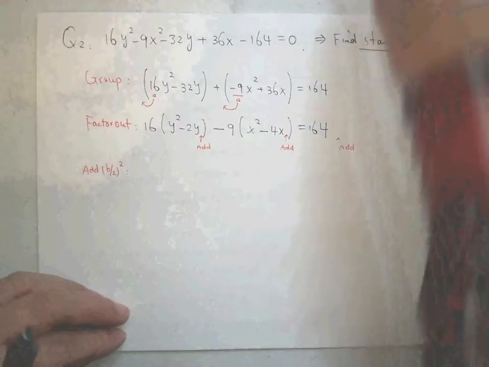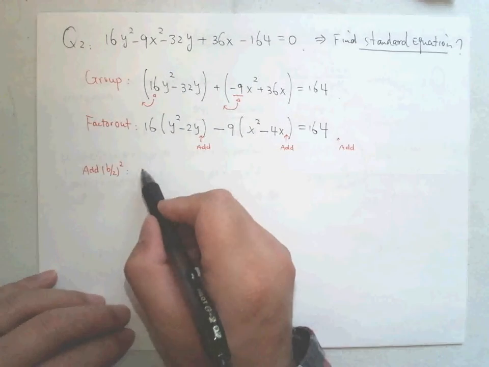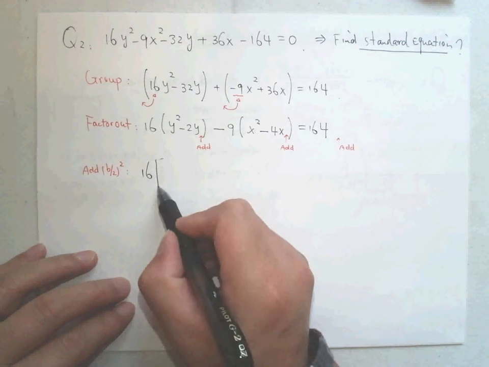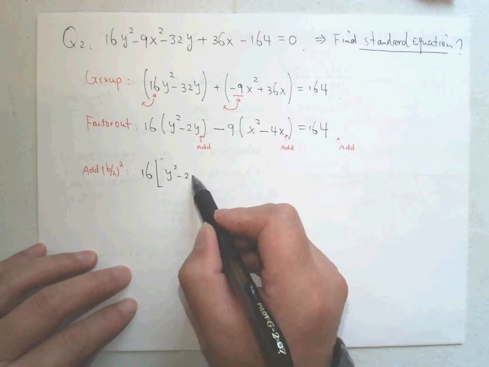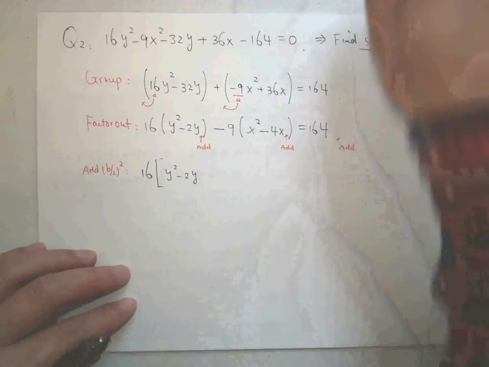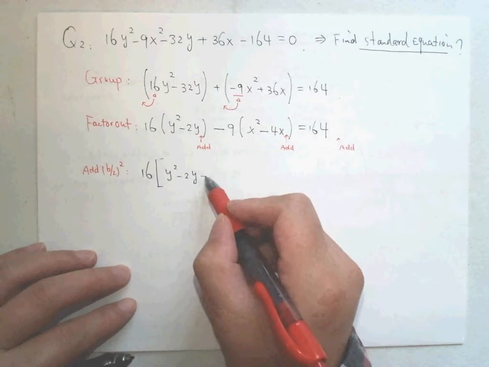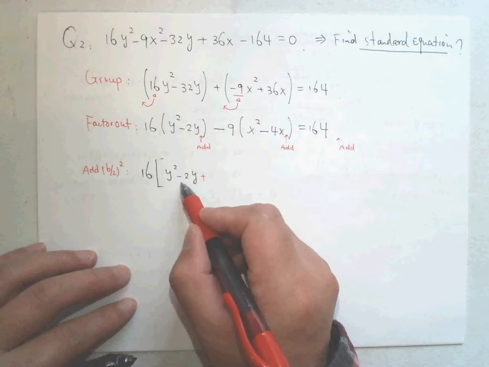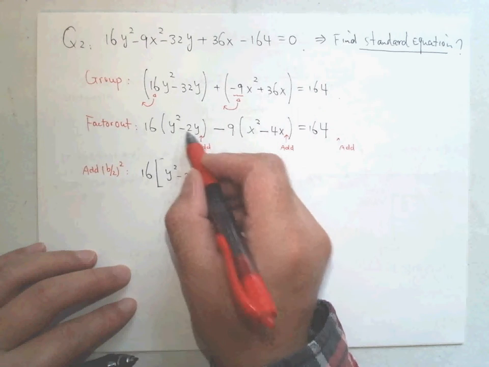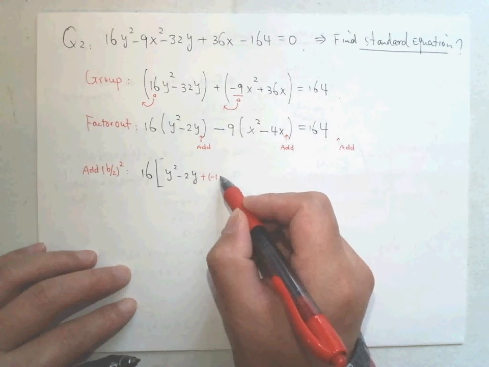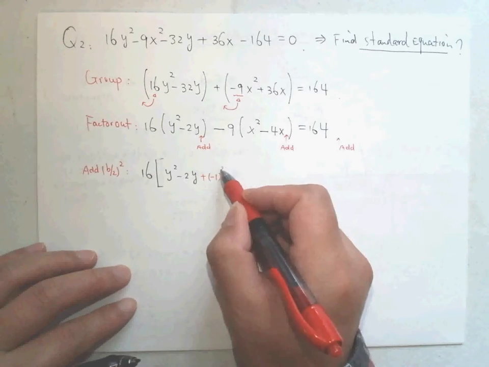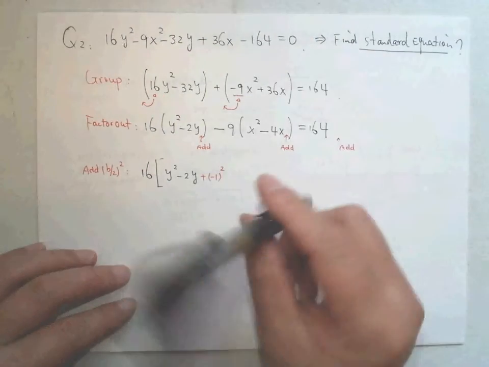This is the second term. I have to put this big parenthesis, y squared minus 2y, and add half of b. In this case, negative 2 is b, so negative half of negative 2 is negative 1 squared. Good. This is the first part.